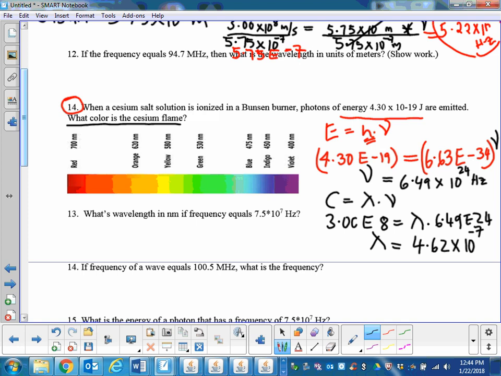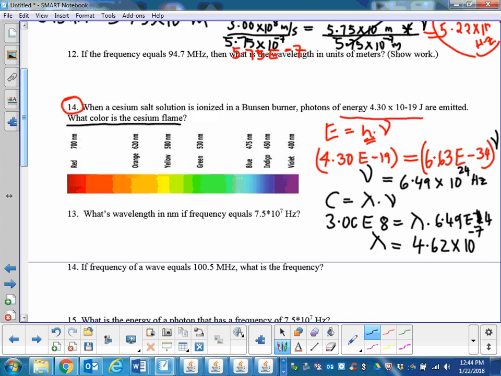Negative 17? Are you sure? It cannot be negative 17. Oh, the frequency is supposed to be 6.49 times 10 to the 14. So this is 10 to the negative 7. Is that right? Okay.